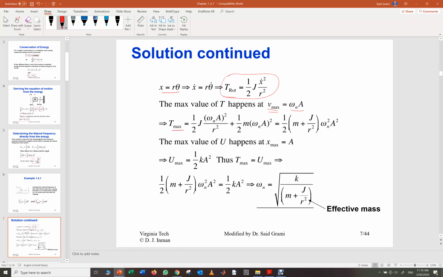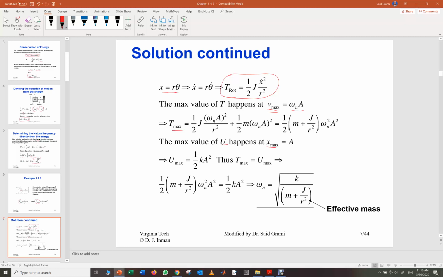We can rearrange the equation and we get half of (m plus J over r squared) omega n squared A squared as the maximum value of the kinetic energy. Now for the potential energy, since we have a spring, U max happens at x max equals A, so U max is half k A squared.